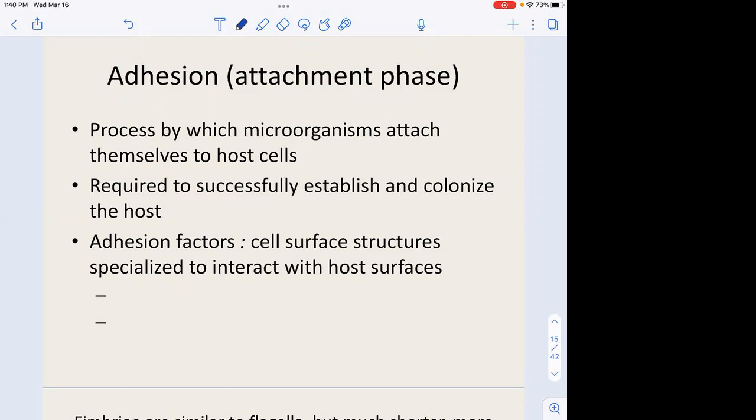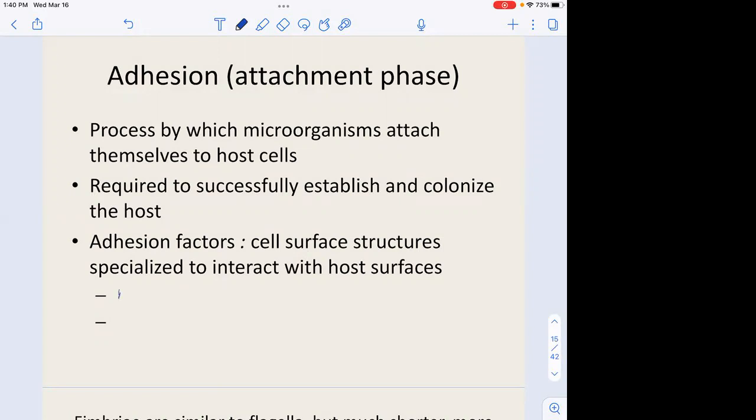Usually once that pathogen gains access to the correct portal of entry, the first step in establishing infection is that the pathogen has to adhere to a certain kind of cell. We might call that the adhesion or attachment phase. Again, that's usually the first thing that has to happen before the pathogen is able to colonize the host. So pathogens have special mechanisms to do that.